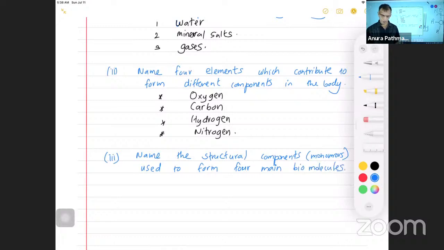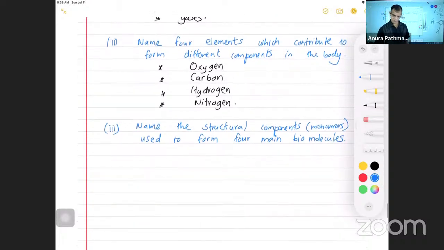I have not given them, you have to write them and then write the structural components.